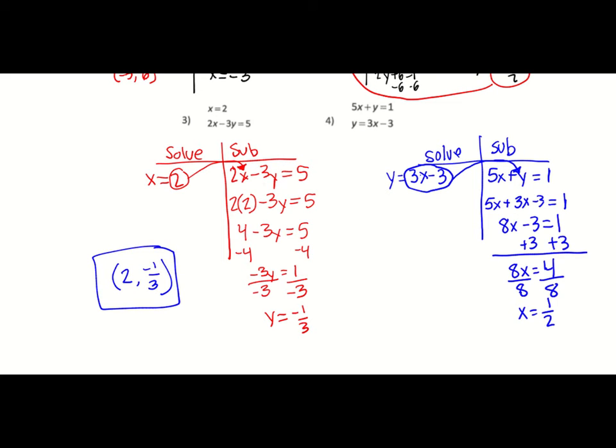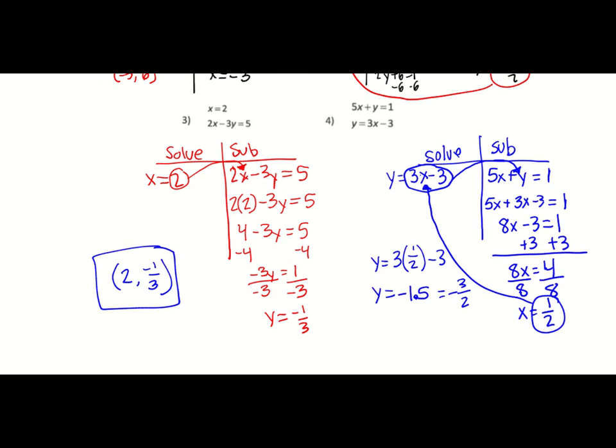Now I can take that x and I'm going to plug it back in up here to figure out what my y equals. When I do that, I get y equals 3 times 1/2 minus 3. 3 times 1/2 is 1.5, minus 3 is negative 1.5, or negative 3/2.